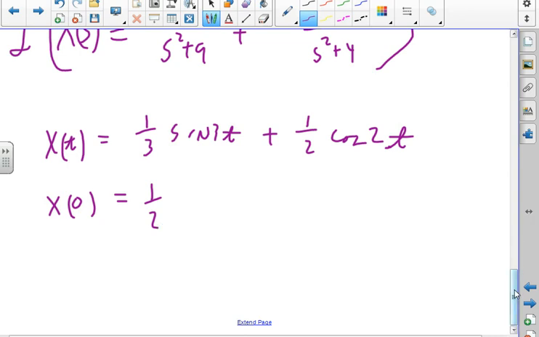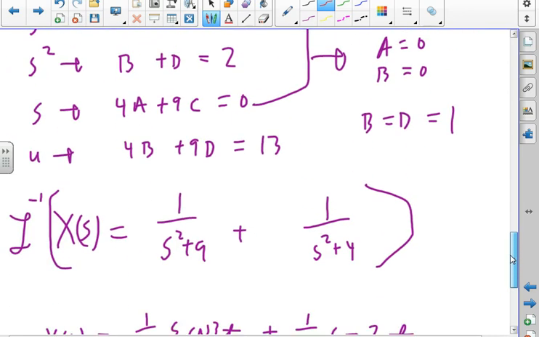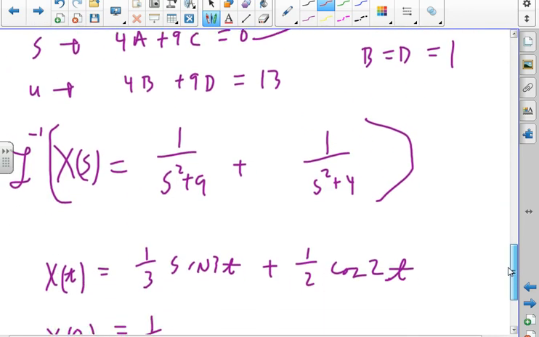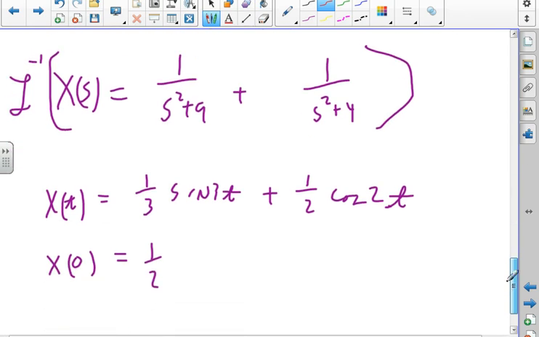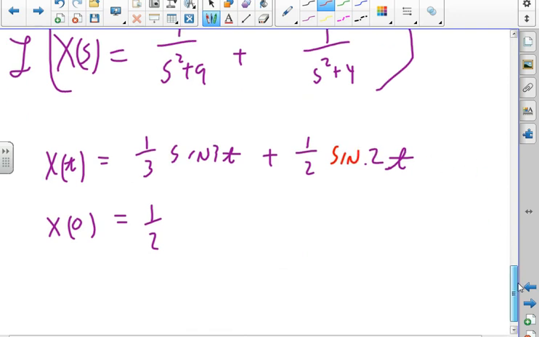So in our enthusiasm, thinking that we had everything right, would it be half sine t? Even if it were a 1/2 sine 2t, which of course it is, that still doesn't make any difference because, oh yeah, it does make a difference. Huh, yeah, it makes a big difference.